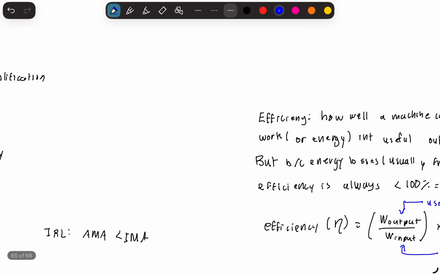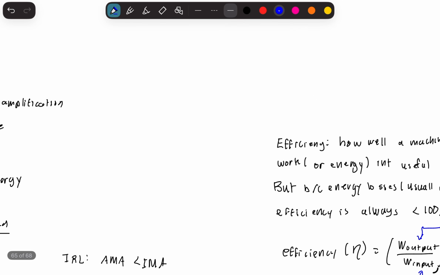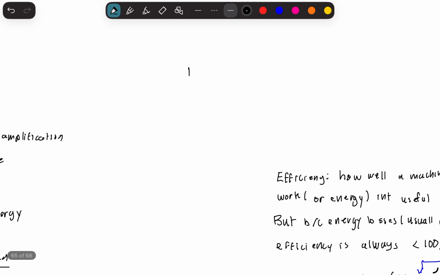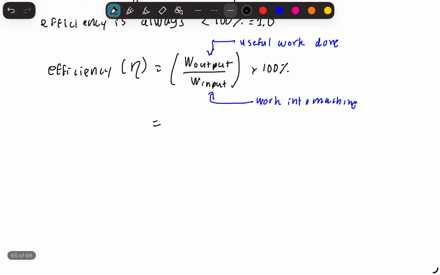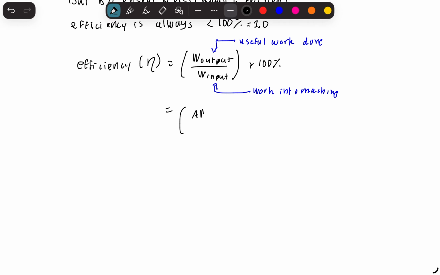Now, we can relate this to mechanical advantage. So if you know AMA and you also know IMA, you can calculate efficiency. Write that down here, actually. So you can also write this as your actual mechanical advantage over your ideal mechanical advantage times 100%.